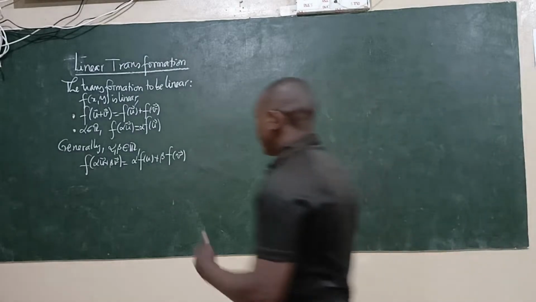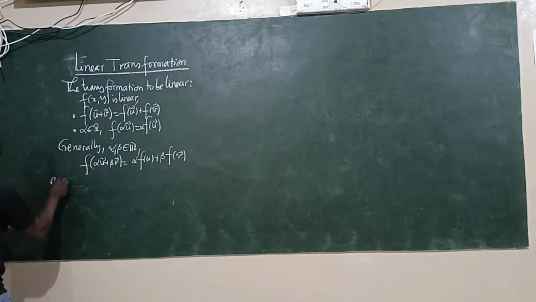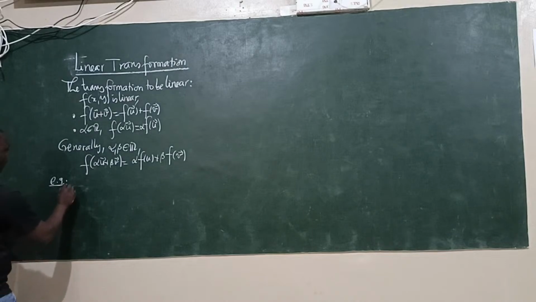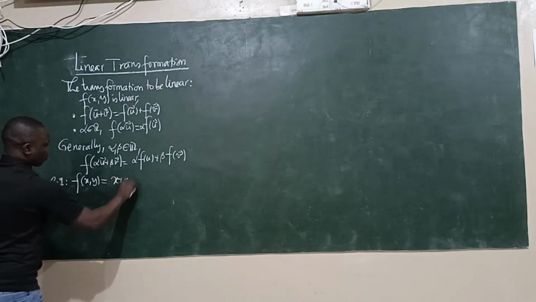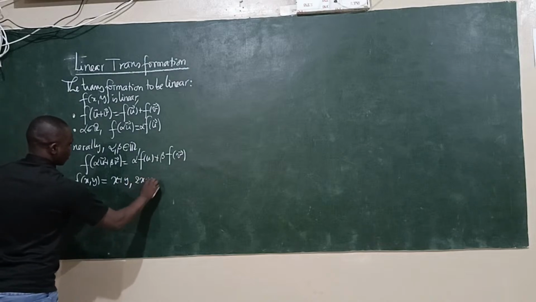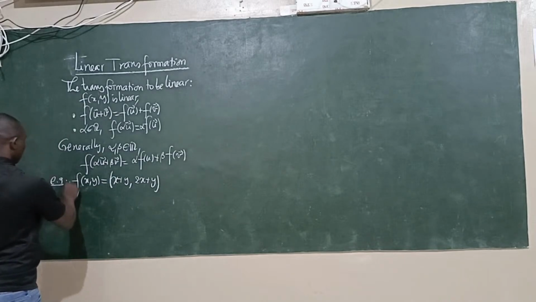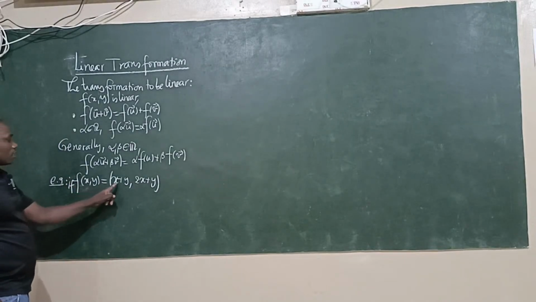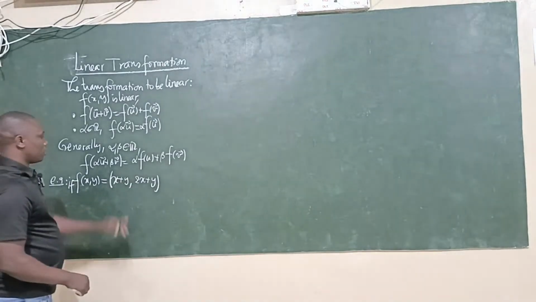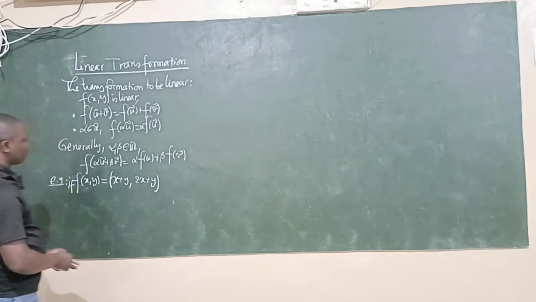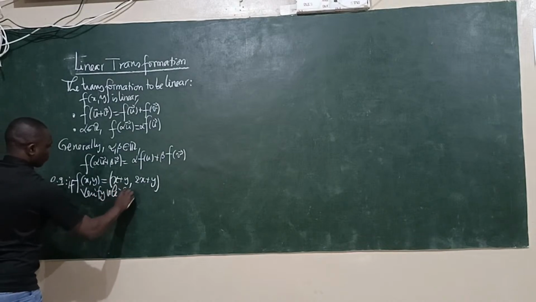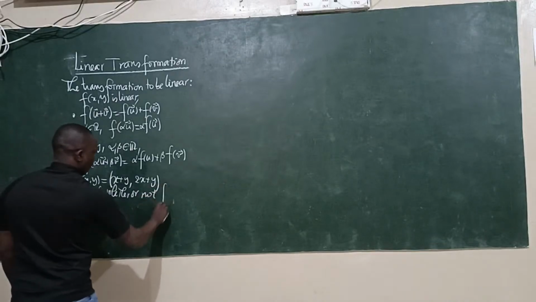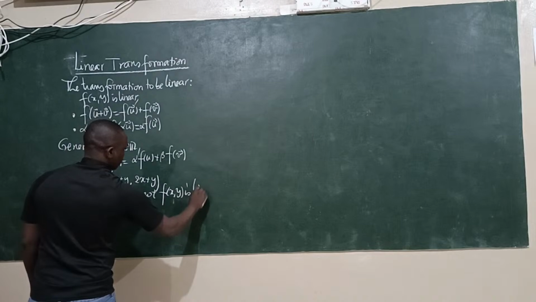Now, let's have one simple example. The example we gave you in our previous lesson was: if f of x, y is equal to x plus y, comma, 2x plus y, verify whether or not f of x, y is linear.